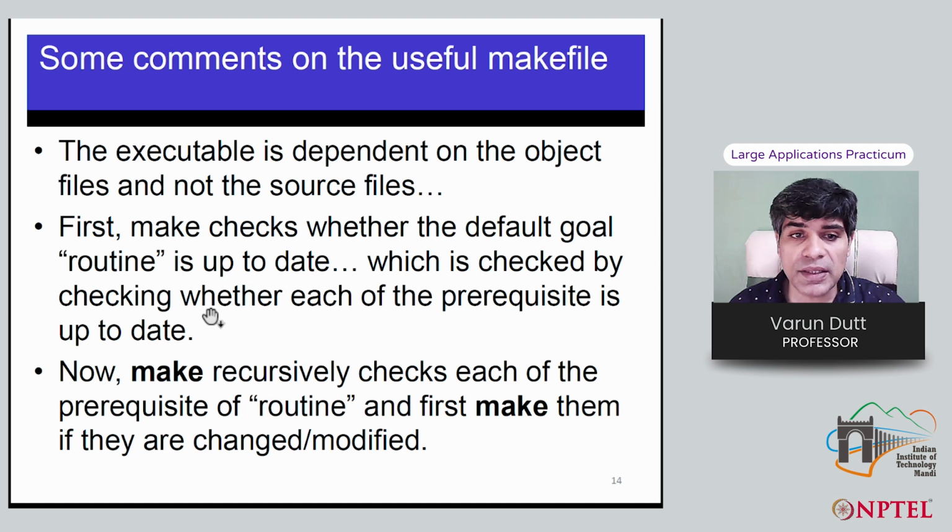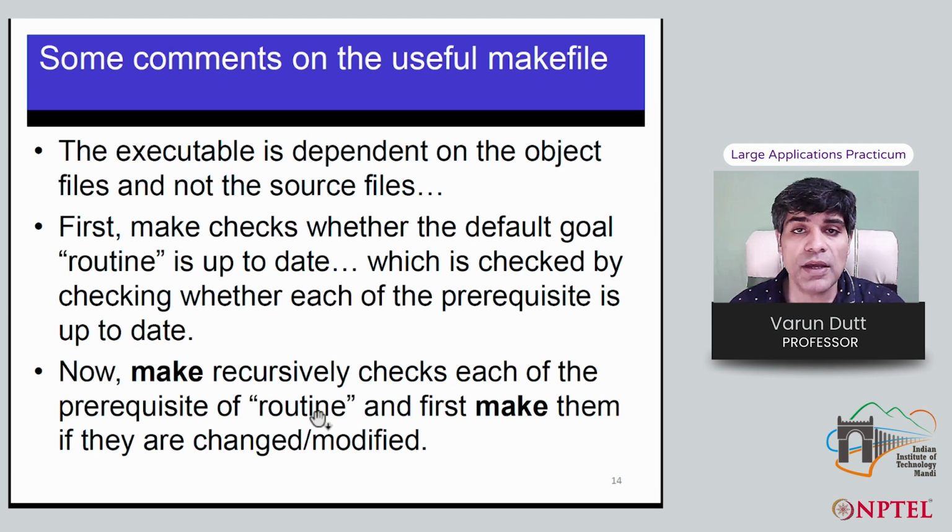So this is basically what is written in this slide: if the routine is not up to date, then it will look at the prerequisites, and within the prerequisites, it will look at the CPP file recursively, and it will make those particular rules where the CPP file has changed or has a timestamp ahead of the target file.